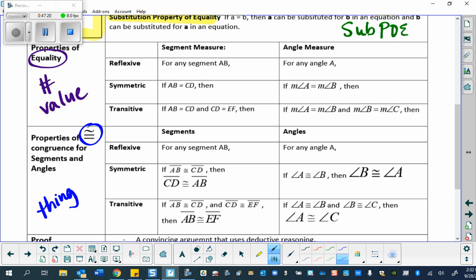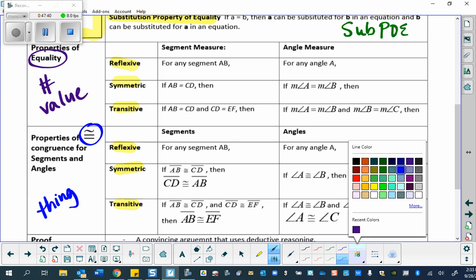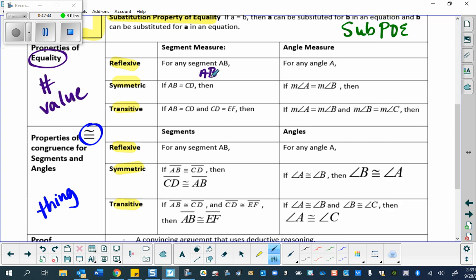And what you'll notice is the reflexive, symmetric, and transitive properties, along with algebra, come down to both of these geometry ideas. So we're good. Here it goes. For any segment AB, the distance from A to B is the same as the distance from B to A. That's my reflexive property.